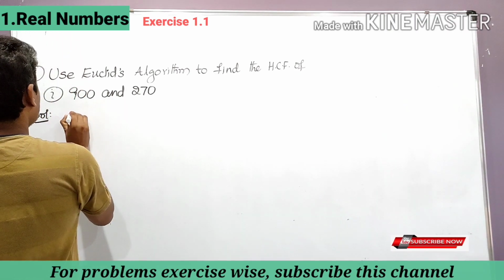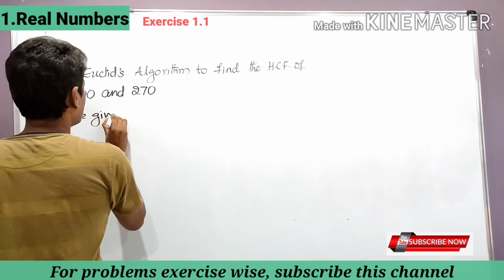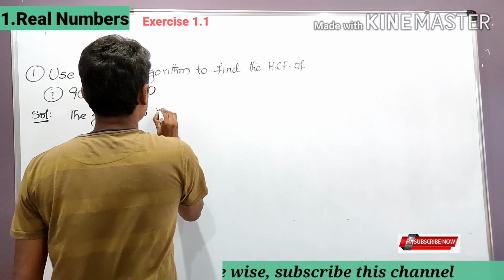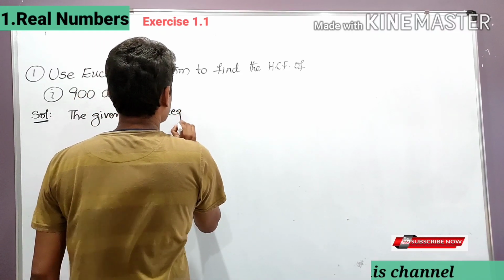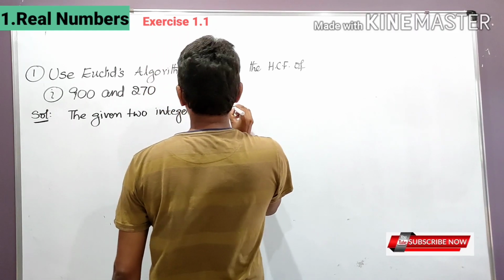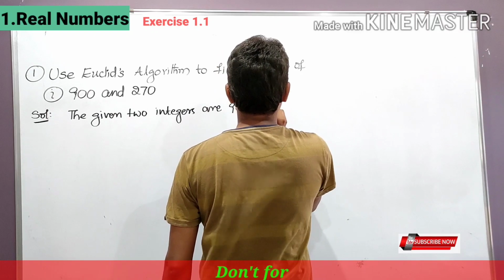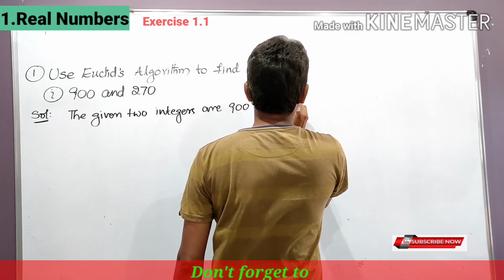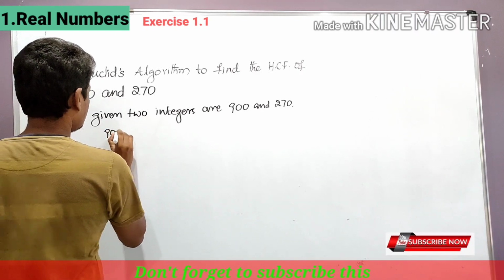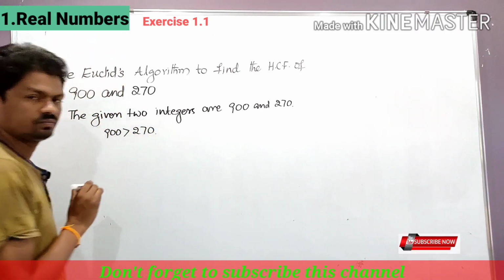The given two integers are 900 and 270. Here 900 is greater than 270, it is very clear.